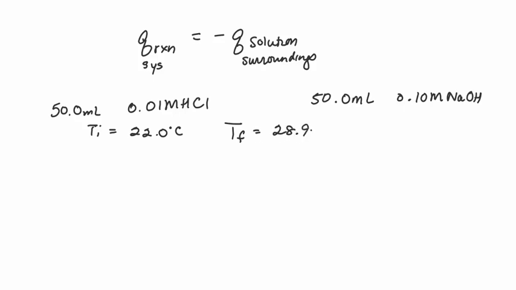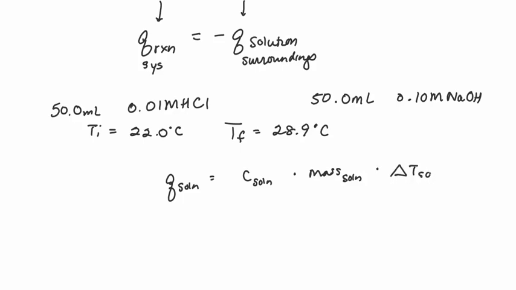Well, here is my reaction. Here is my solution. So when I mix these two liquids together, that is my solution. So the Q of the solution is going to be the C of the solution times the mass of the solution times the change in temperature of the solution.